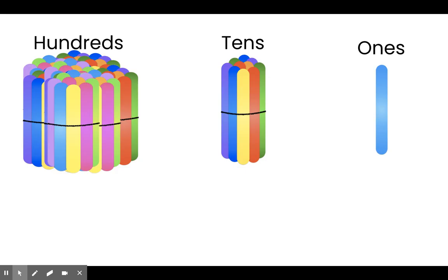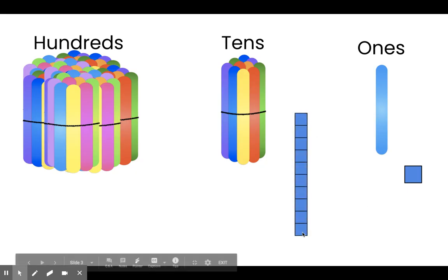I'm going to show you some more manipulatives, or math tools, you could use to help represent numbers and place values. This square represents 1. It's 1 square. When you get 10 of those squares, you can make a 10 stick. This represents one group of 10 because there are 10 individual squares.